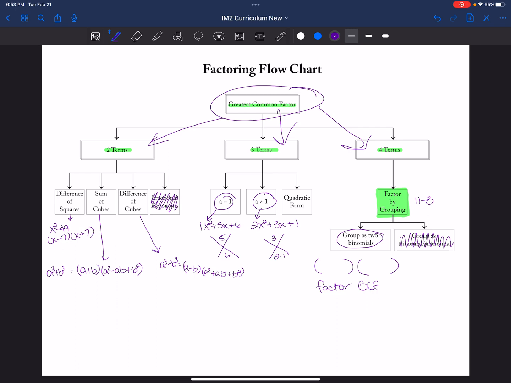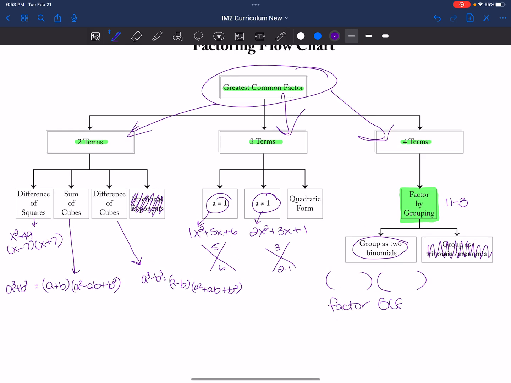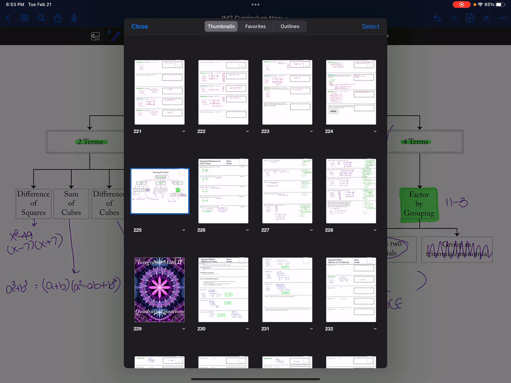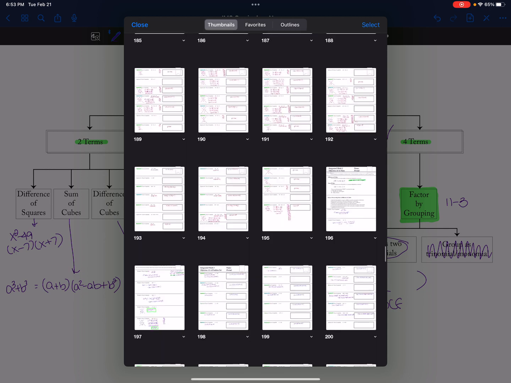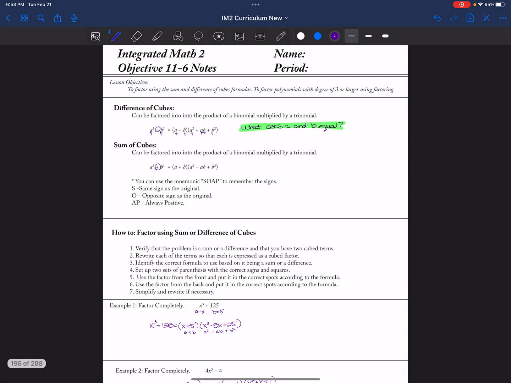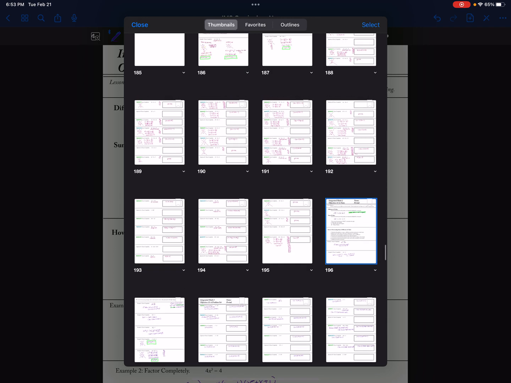Okay, if you are confused about these specific things, factor by grouping was 11-3. A is not equal to 1, bottoms up, is 11-5. Sum and difference of cubes is 11-6.